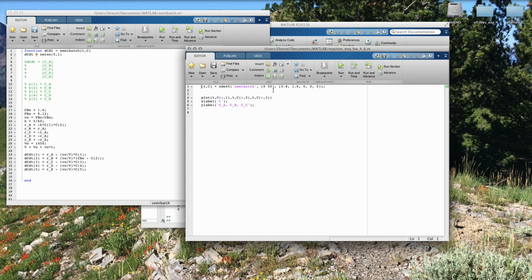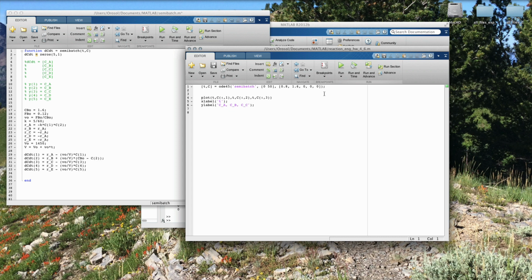And so then the initial values, so CA naught is equal to 0.8, CB naught is 1.6, and then the rest are 0 because they haven't been produced yet.